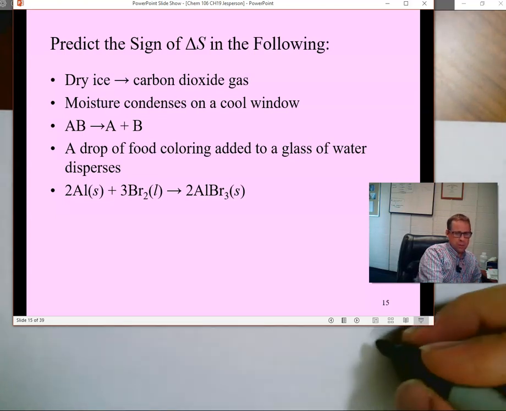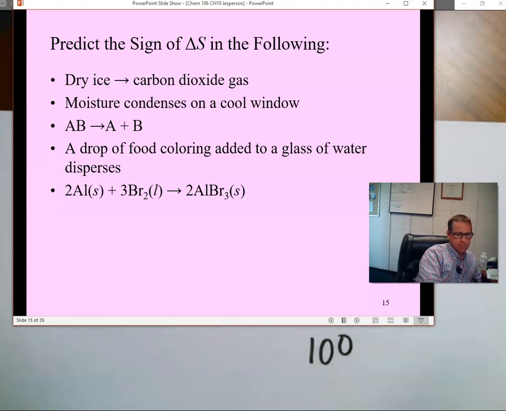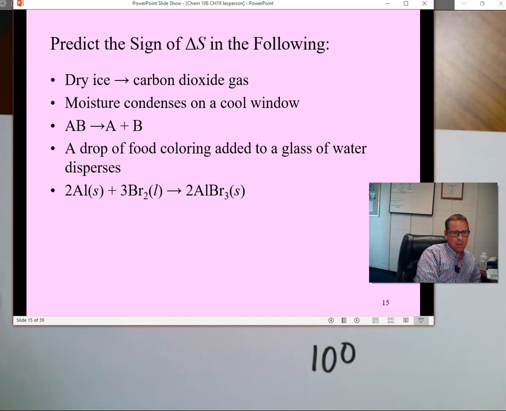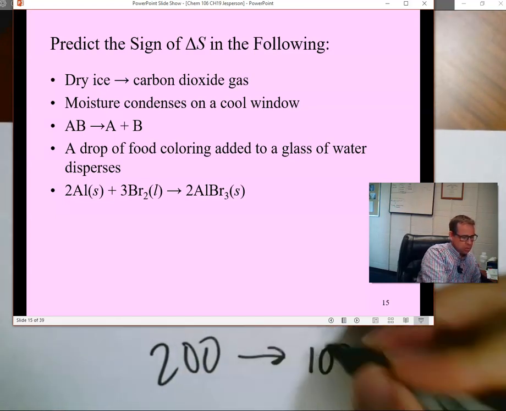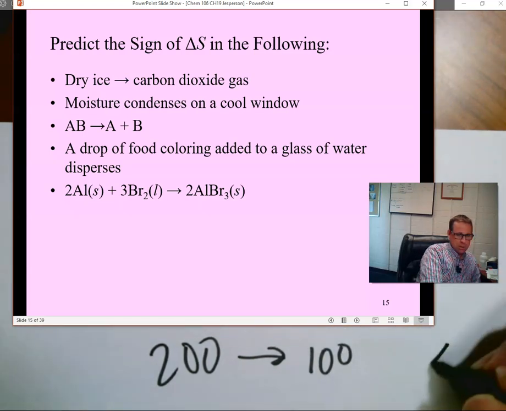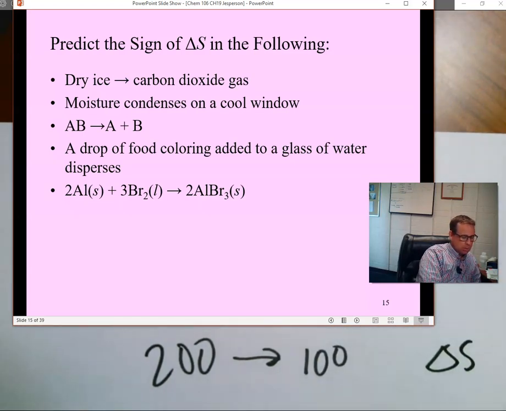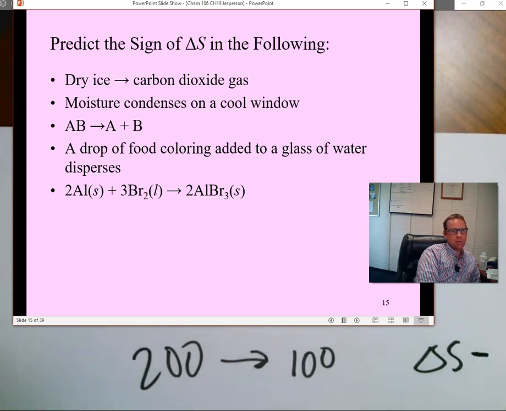If we said the cool window was at 100, and before it wasn't a gas, so 200. So delta S here is going to be 100 minus 200. So it's going to be a negative value.